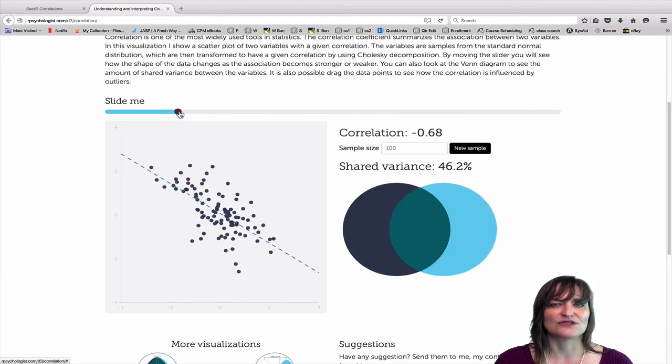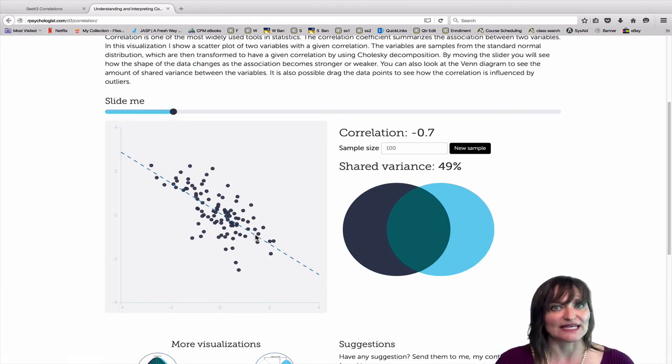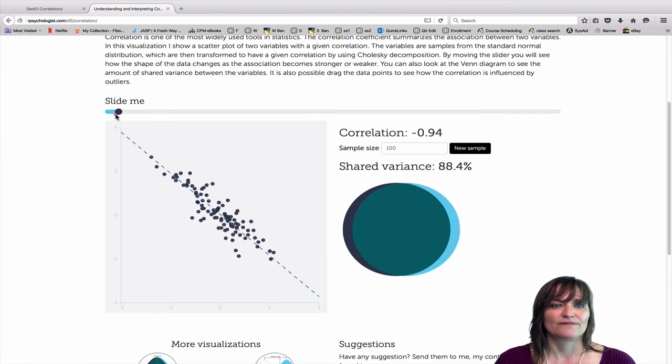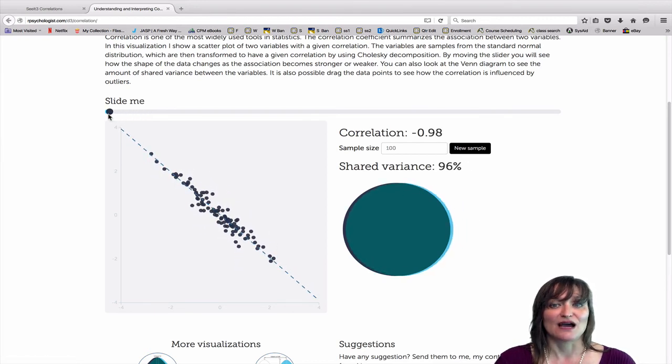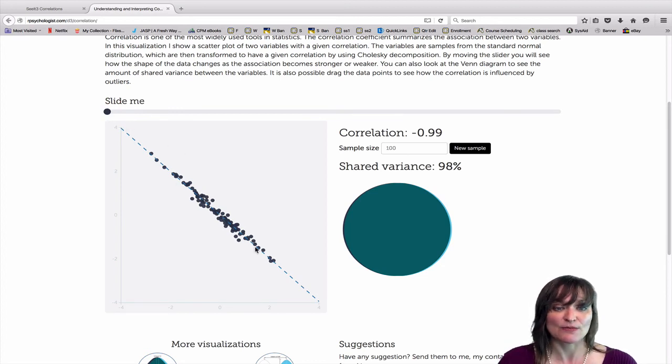If we take it down to, let's say, negative 0.7, again, we've still got that negative line, but the data points are far more tightly clustered. And if we go down to a perfect negative correlation, oh my goodness, look how tightly clustered those data points are.